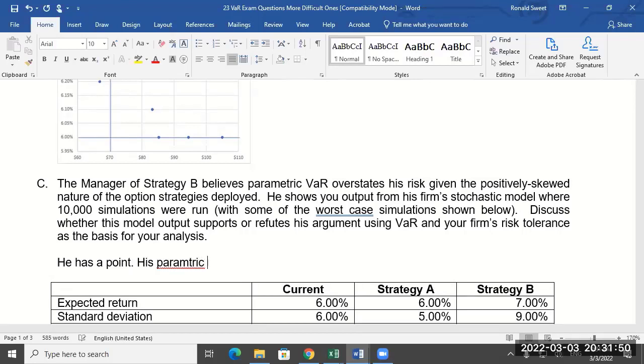Parametric VAR is 5 million. Well, the stochastic is only, I forget what it was. Was it 147?